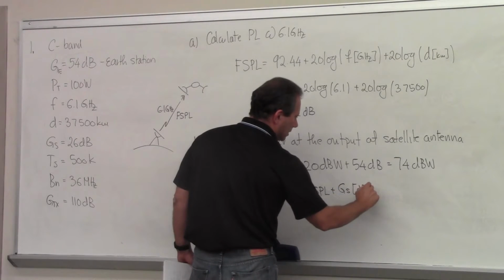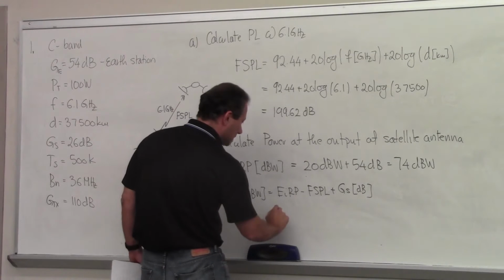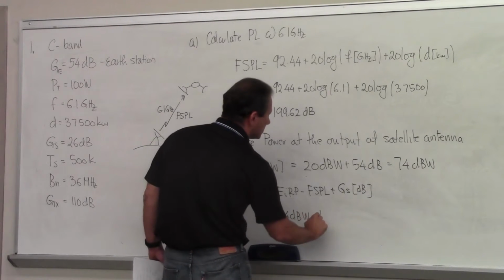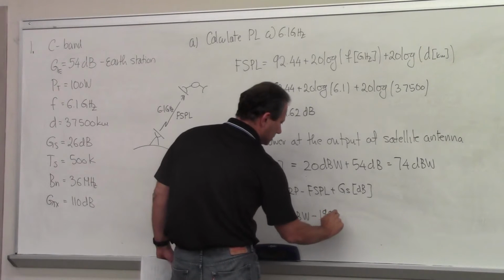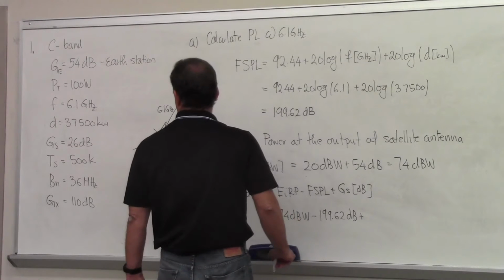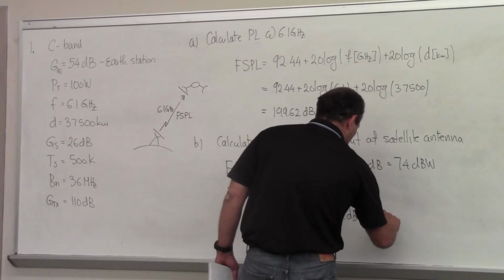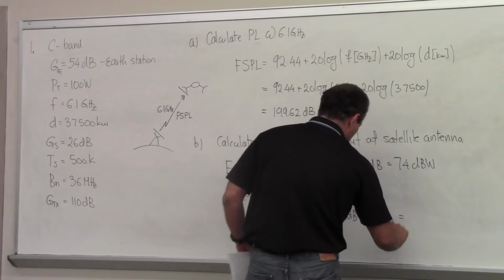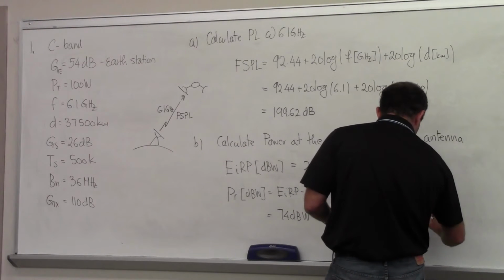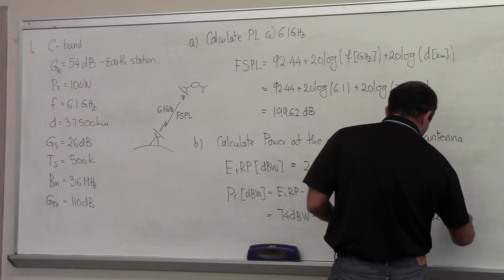So it's 74 dB watt minus 199.62 dB plus 26 dB of antenna gain on the satellite. When you calculate this, it is minus 99.62 dB.